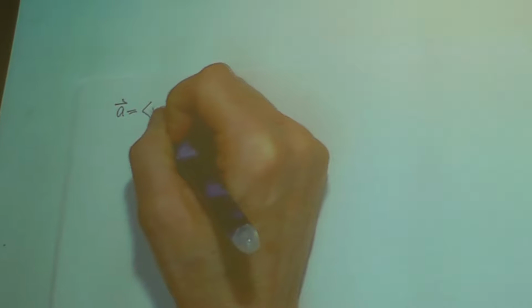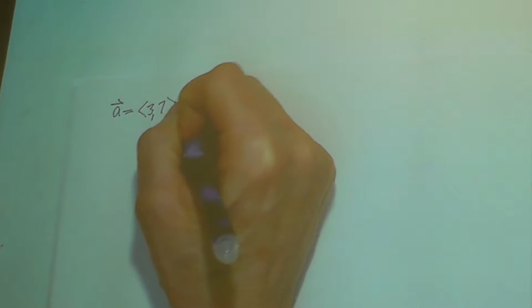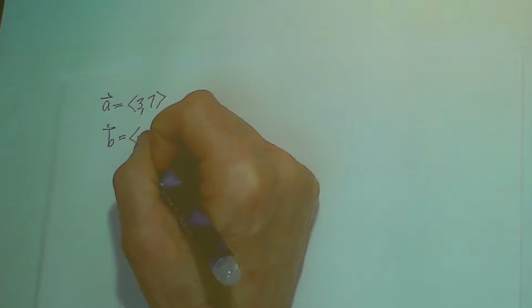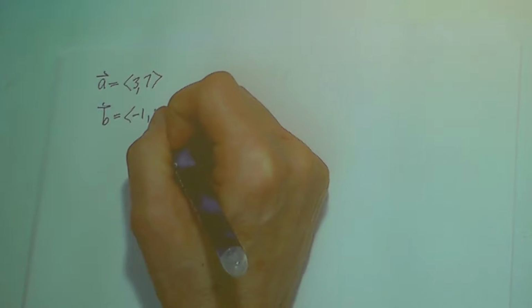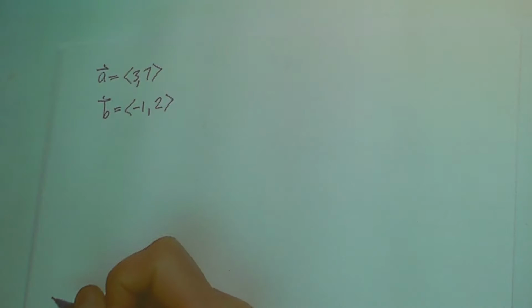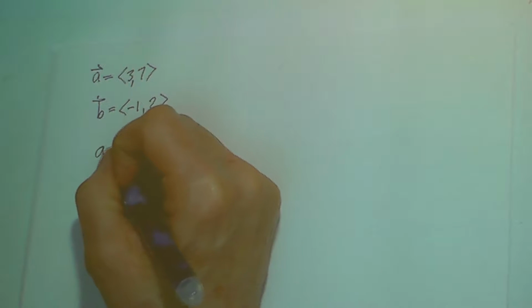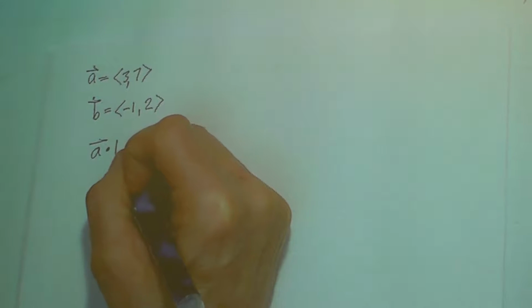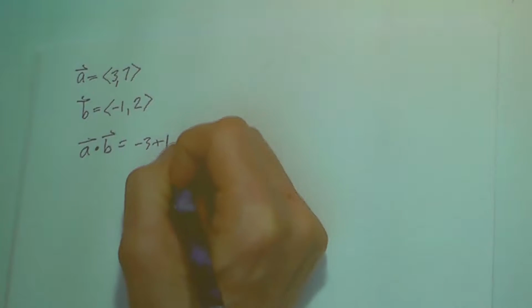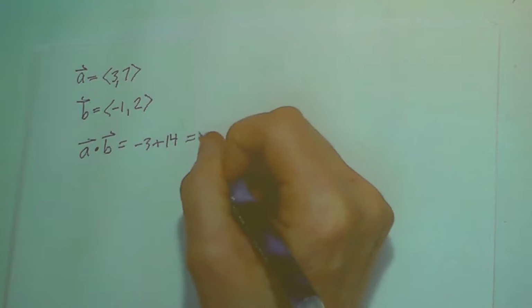Furthermore, if I said A was equal to 3, 7 and B was equal to negative 1, 2, A dotted with B would be negative 3 plus 14, so that's 11.